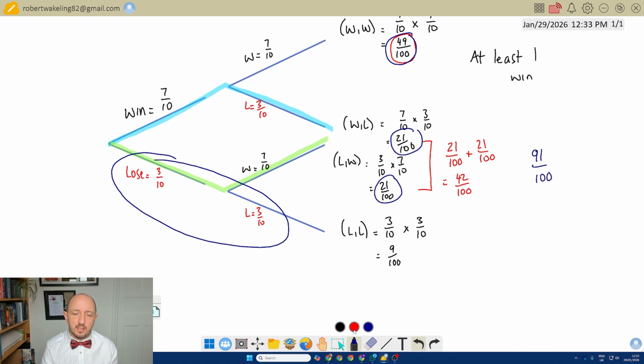Or I could calculate the one I don't want and subtract that from 1. Okay, so 1 minus 9 over 100 gives you this. Okay, so it's just an exam technique that if you find yourself looking at a probability tree and getting overwhelmed by the number of branches you might have to calculate, have a think about doing the opposite and subtracting it from 1.